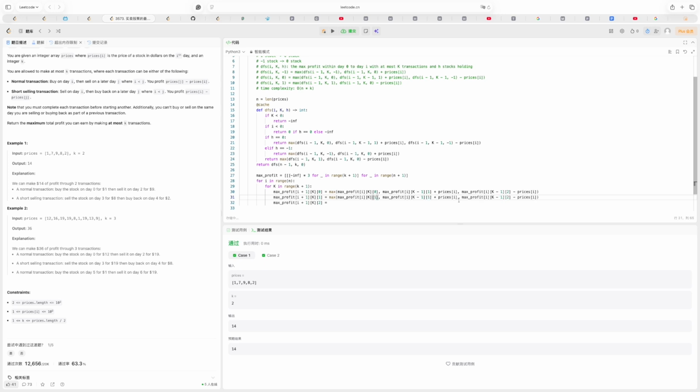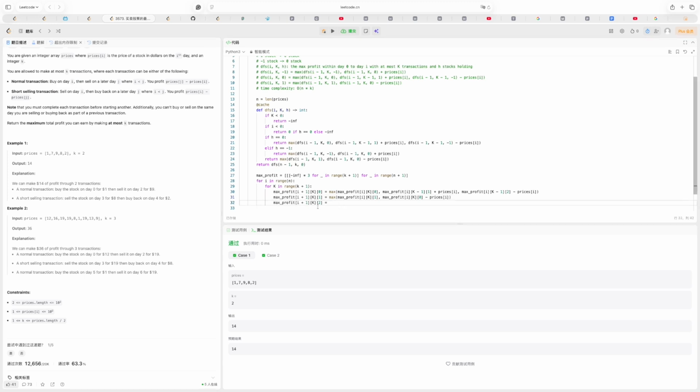And also it can be, we buy one stock today, so when buying we'll be minusing today's price. When buying, that means before we don't have any stock, and we haven't finished the one transaction since we are only buying, and that is a normal transaction, buy on daylight, we haven't sold.